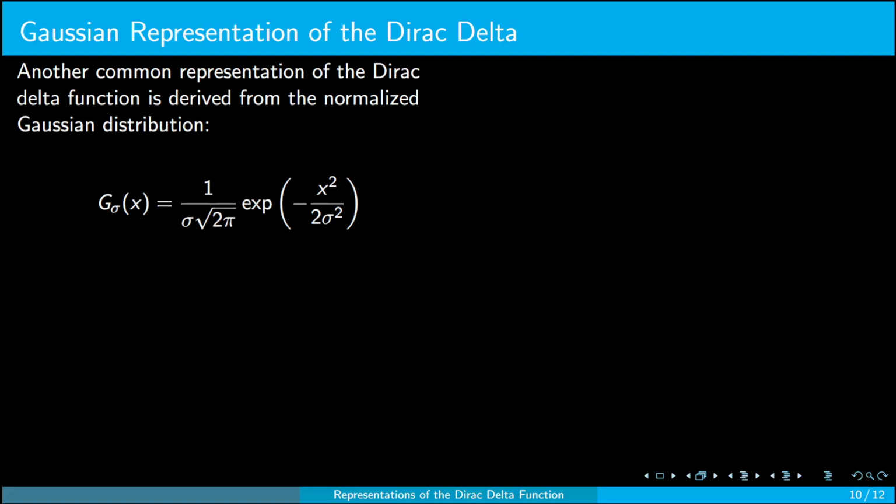So now let's move ahead and discuss the Gaussian representation of the Dirac delta. Another common representation of the Dirac delta function is derived from the normalized Gaussian distribution. So this is the Gaussian function.